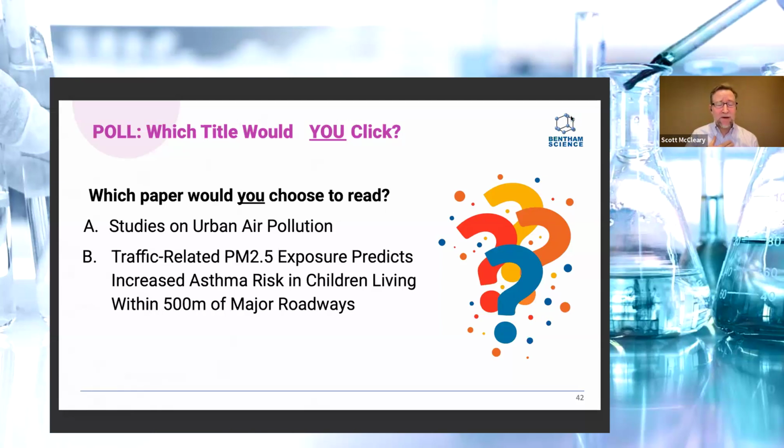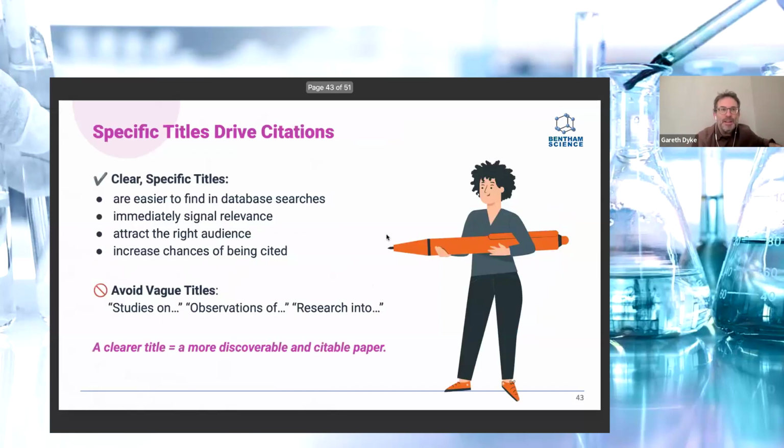I personally, if I were in this field, I would choose B. How about you, Gareth? Interesting. I would go the other way as an editor because maybe A, but with a bit more information. If I could add something to that. But this is really, really interesting. And as we've talked about, your specificness of your title will drive citations, right, Scott? This is what people are going to read first of all.